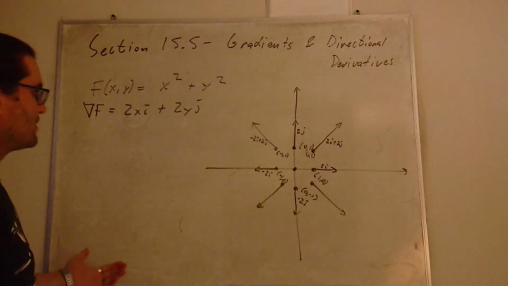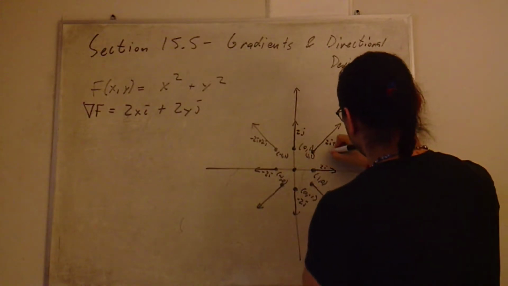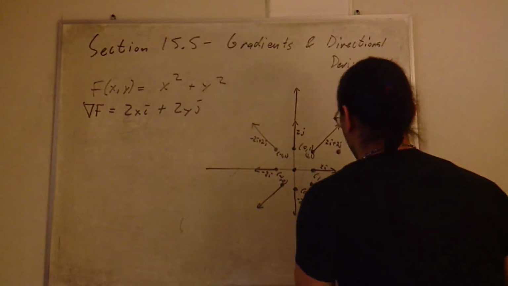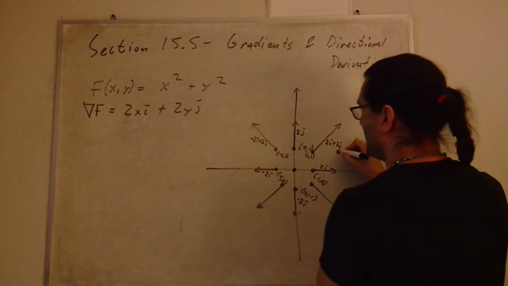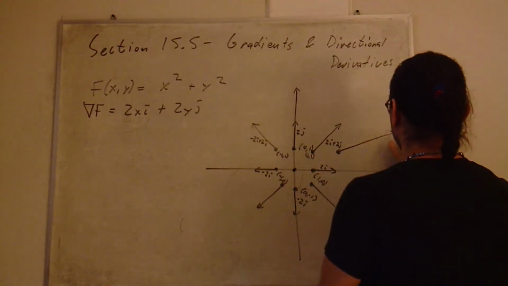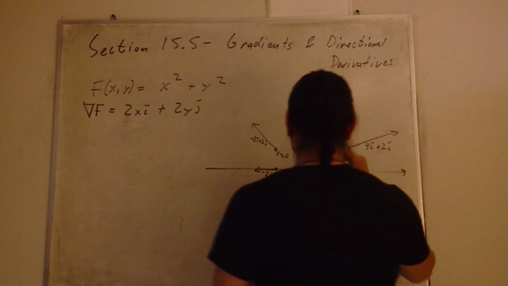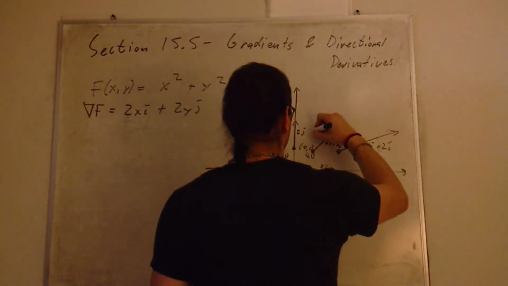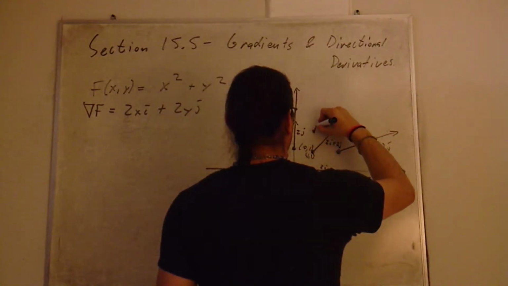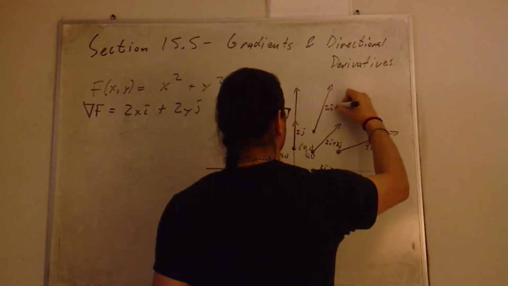What about something like 2, comma 1? If you plug in 2, comma 1, you're out here, you're probably going to go 4 over and 2 up. 4i plus 2j. If you plug in 1, comma 2, you're going to be going 4 up and 2 over. 2i plus 4j.